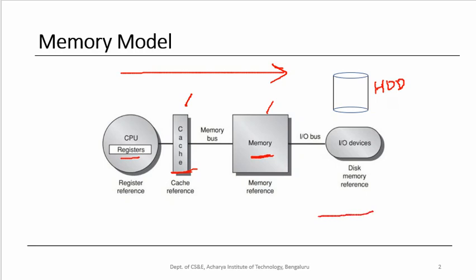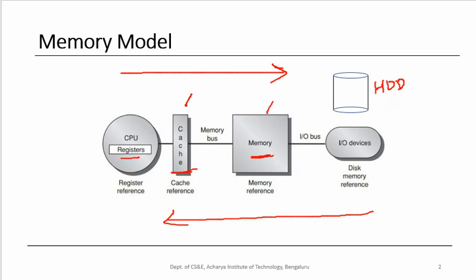But if you come from hard disk towards CPU registers, the speed of accessing the data or instructions would drastically increase. That is, accessing data or instructions from the hard disk is slower compared to accessing them from main memory.